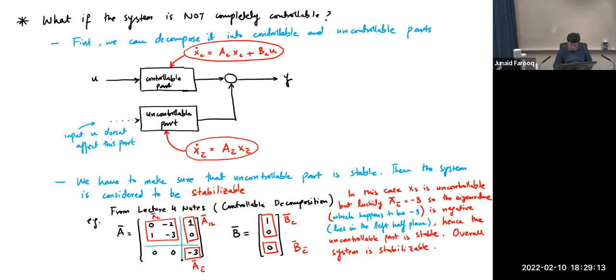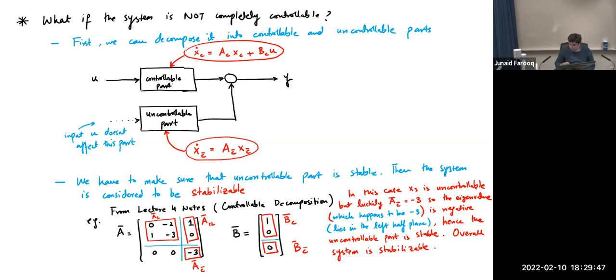This is where we drew the line. And once we draw the line, we will check the stability of the individual parts. Stability we will check by using eigenvalues, and eigenvalues of the controllable part are different. Eigenvalues of the uncontrollable part are different. And we just have to make sure that the uncontrollable part has all eigenvalues in the left half plane. If that is stable, then we can take care of the controllable part by using the control input.